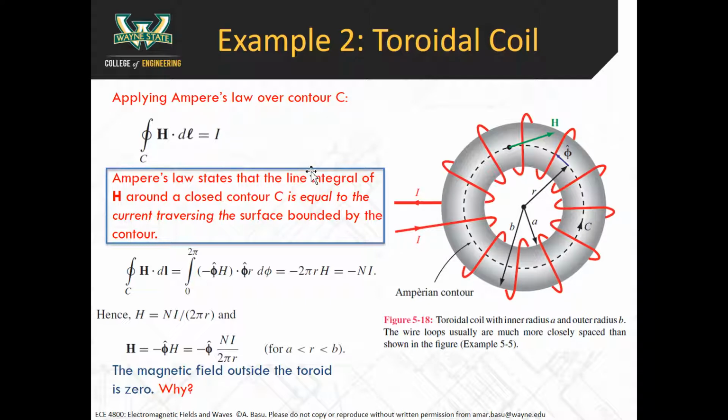Okay, and the vertical components, interestingly, are going to cancel because on top you have a current going this way. On the bottom, you have a current going in the opposite direction. But what's interesting is on the insides, you're going to end up having a current going in this direction.